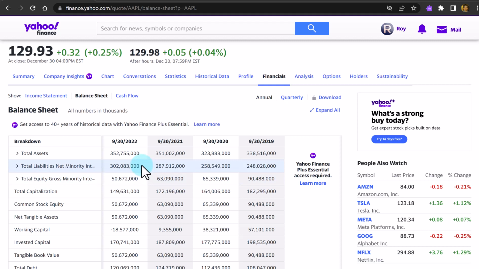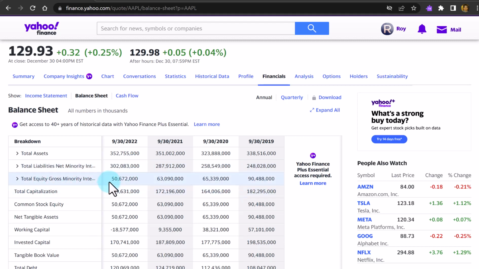Why is Apple borrowing so much money? Well, the reason is that their rate of return on their assets, the profitability they get by owning these assets, is much greater than the interest they have to pay on their loans. For that type of what they call financial leverage, it's good for the shareholders.